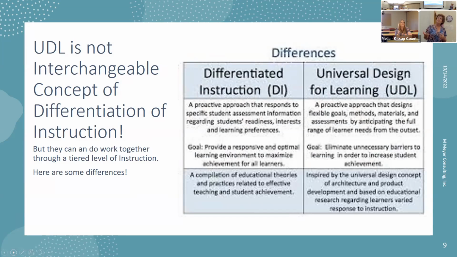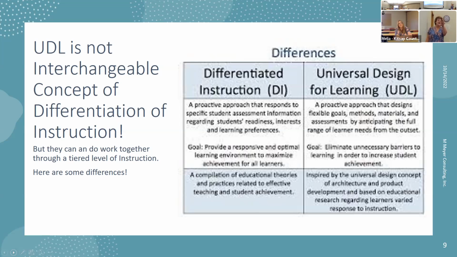So differentiation of instruction is a proactive approach that responds to the student's assessment information, versus universal design, a proactive approach that designs flexible goals, methods, materials, and assessments by anticipating the full range of learners' needs from the outset.